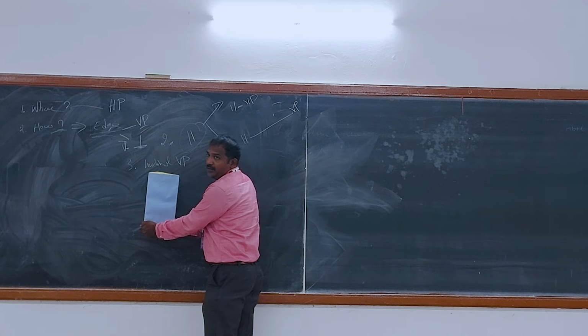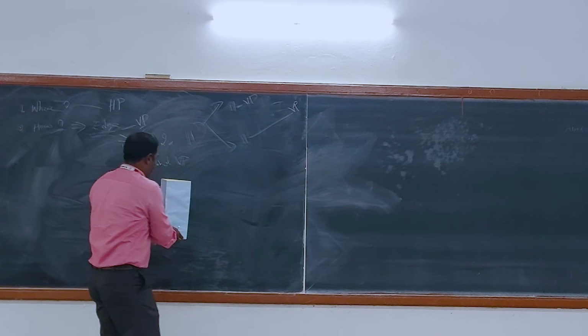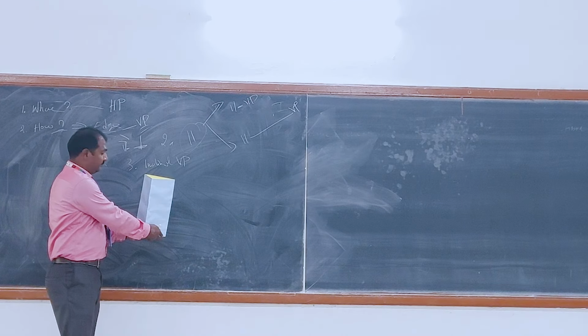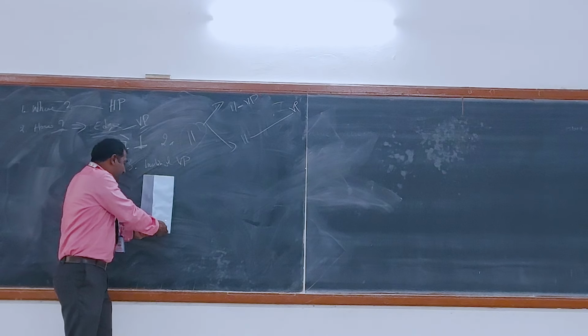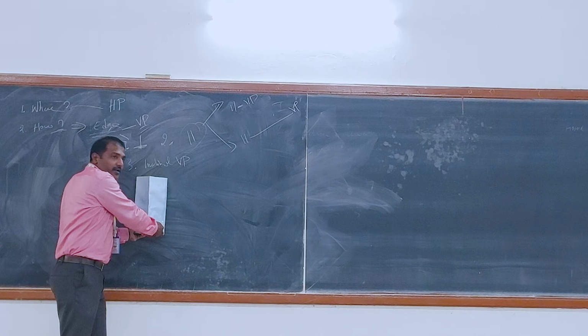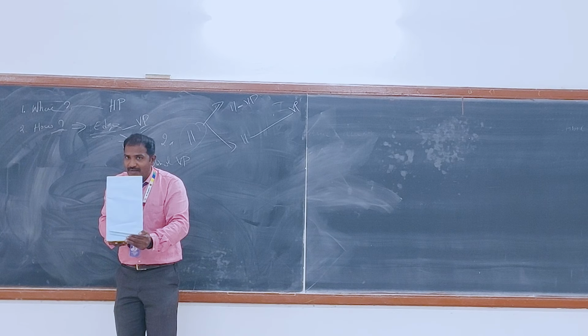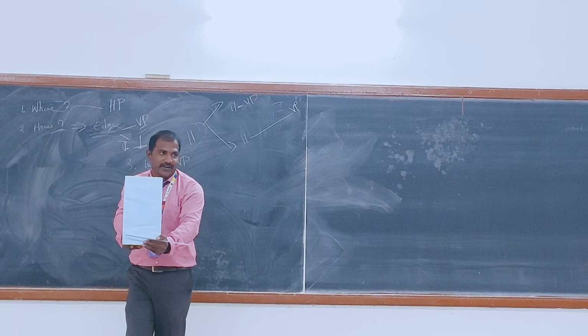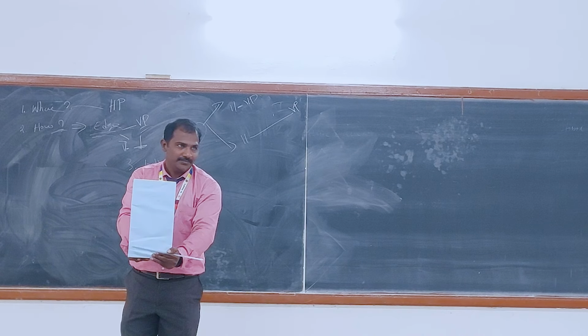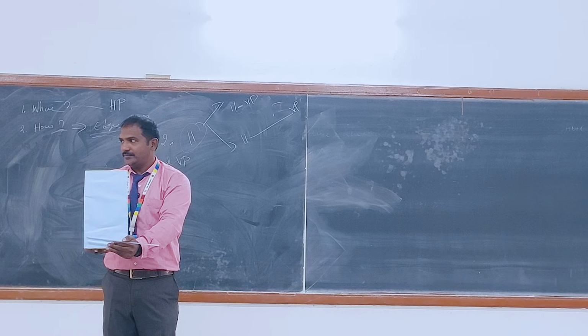Got it? The edge is parallel to VP. The edge is parallel nearer to VP. The edge is parallel far away from VP. Understood? Any doubts here? Got it?